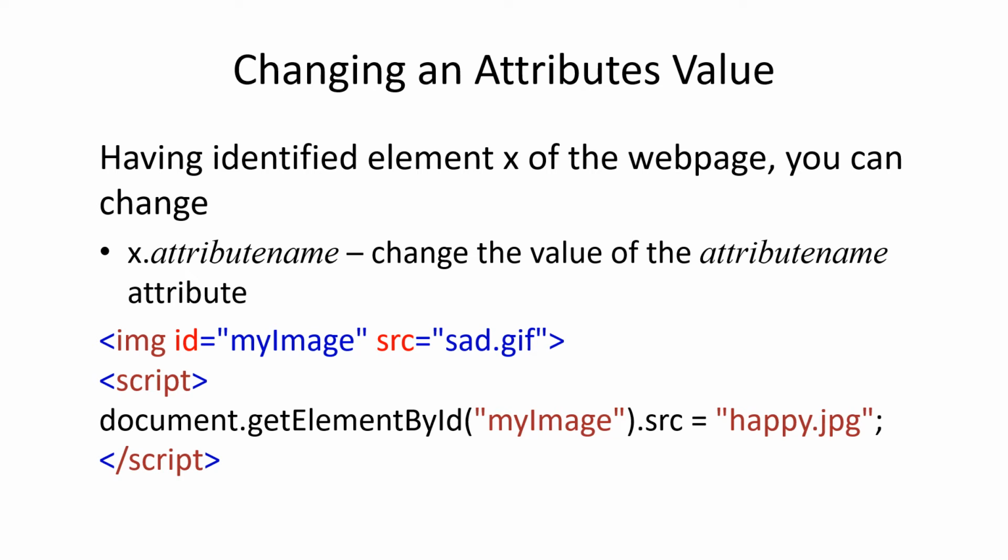So we get that object, the image object. And then we want to change the src attribute, which specifies what is supposed to be displayed. We're going to change that attribute to happy.jpg. So the image originally showed the sad GIF, we will now change the source of that image so it shows happy.jpg. So the sad picture will change to the happy picture.